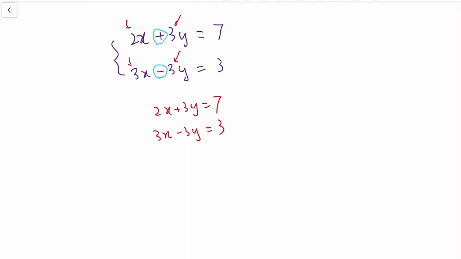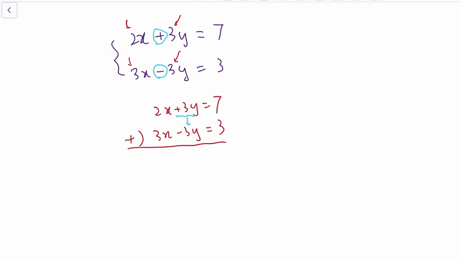In this case, when you try to eliminate, you don't want to subtract. You want to add them instead. The reason being, if you have positive 3y, and then you add negative 3y, that would give you 0y. And we want 0, because we want one of the unknowns to be gone.